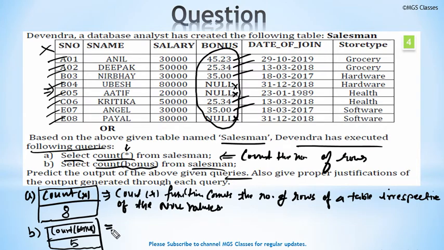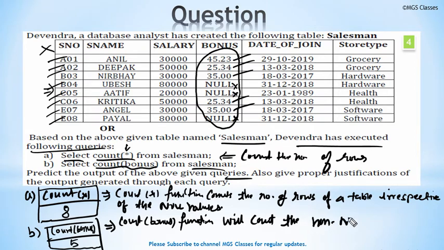Now the justification for the B portion will be: count bonus function will count the non-null values of the column bonus only.